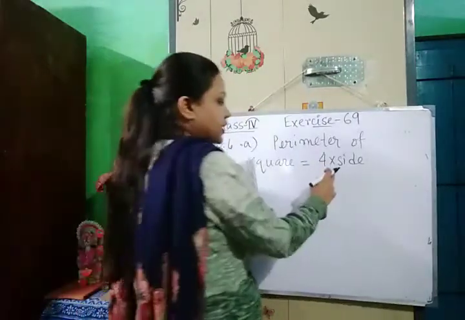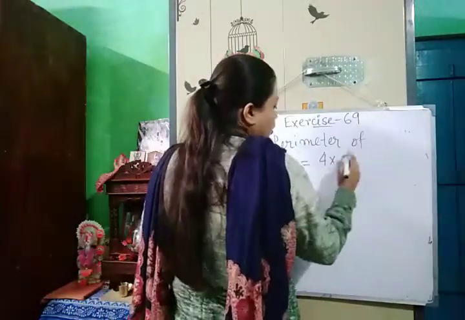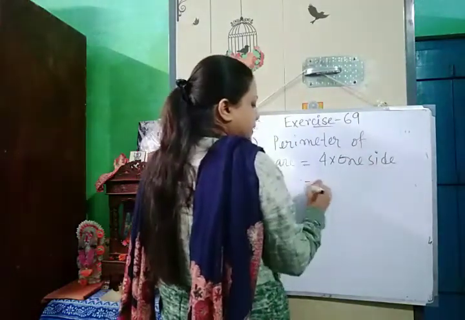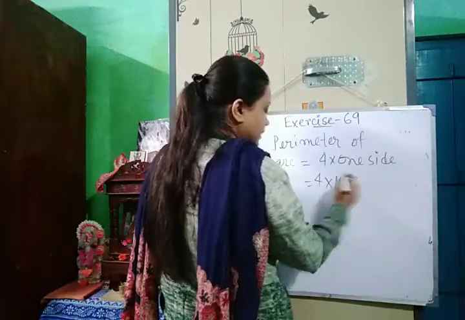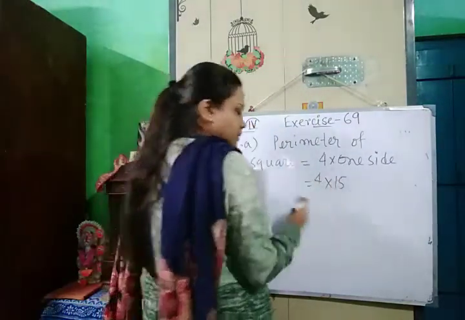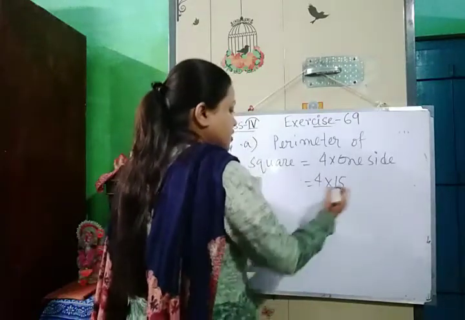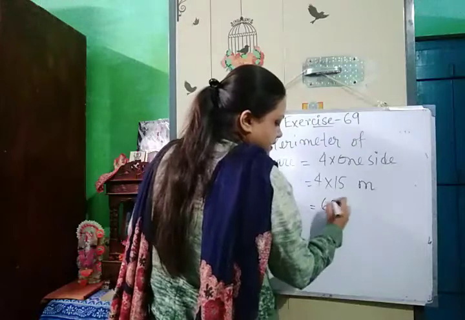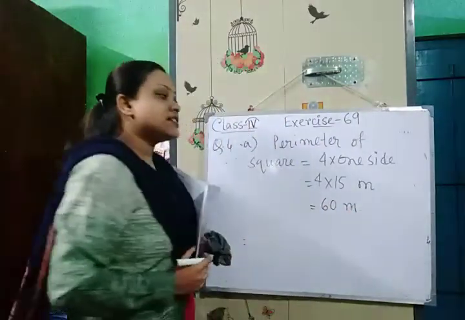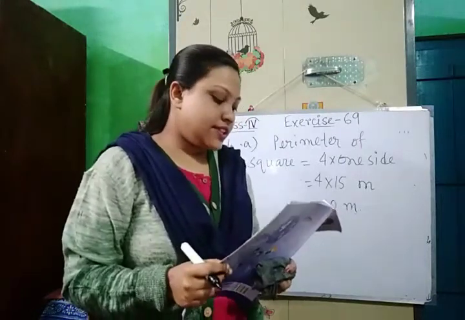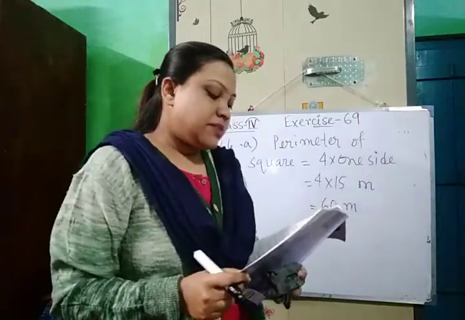Okay, so we can write here side, or we can write here one side. 4 into one side, that means 4 into 15 in question number 4. The side is given 15 meter. So it will be 4 into 15 meter. So that means 4 15 is a 60 meter. 60 meter is the perimeter of the square. Okay. Very easy.